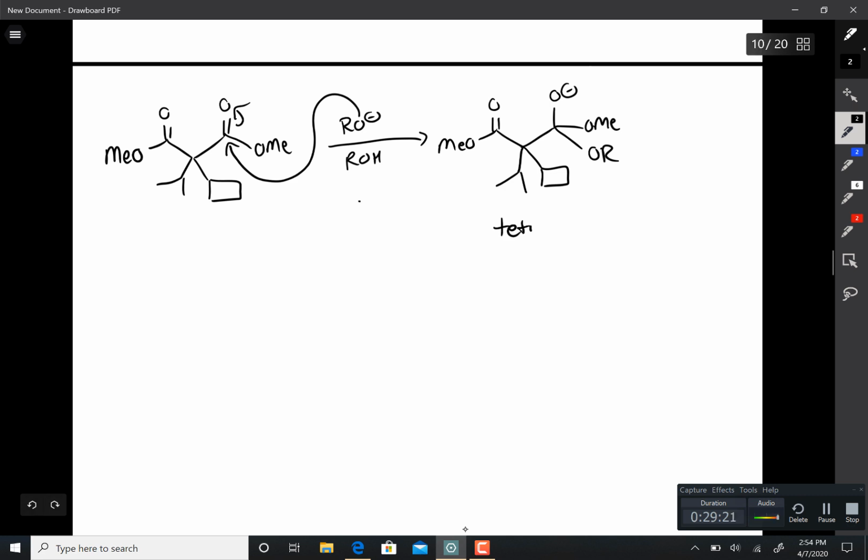Form a tetrahedral intermediate. Electrons swing back down. If it kicks off the OR minus, you're right back where you started from. If it kicks off the other group, you've done a transesterification.